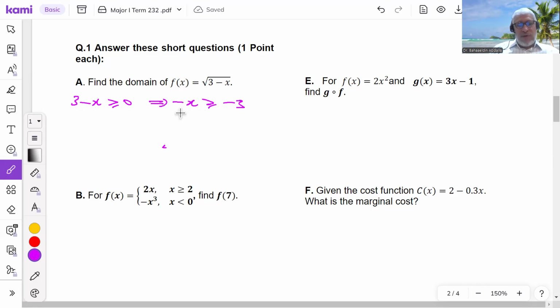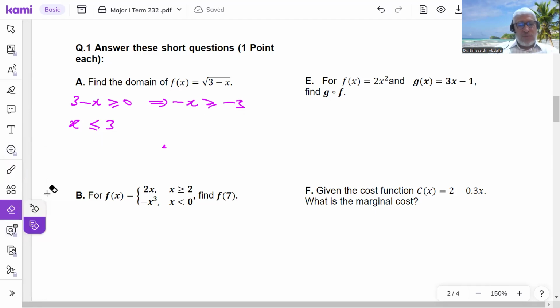Now you need to divide by negative 1 or multiply by negative 1. Whenever you multiply by negative 1, you should change the direction of the inequality. So x is less than or equal to 3. And to write it in interval notation, if this is 3, x is less than, so it's to the left of 3.